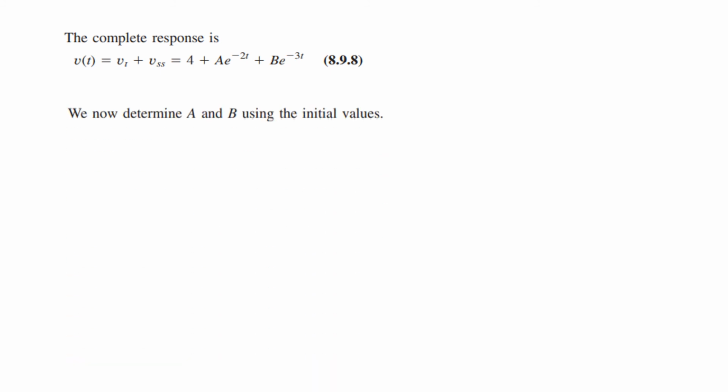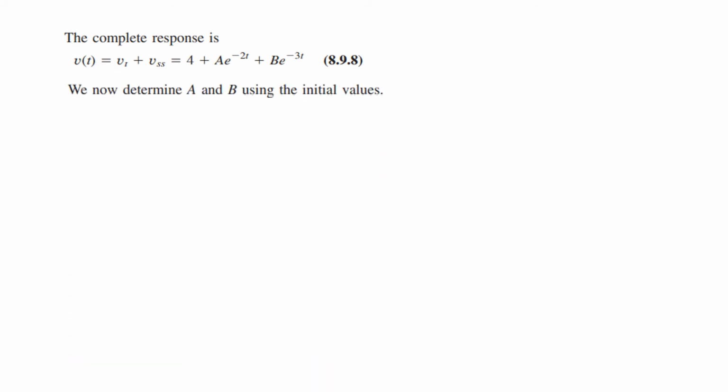Complete response. Now we need to determine A and B using the initial values. So what we'll do is we'll put t equal to 0 in this equation. At t equal to 0, this becomes V0, 4, this will become A, and this will become B, because e raised to the power 0 is 1.